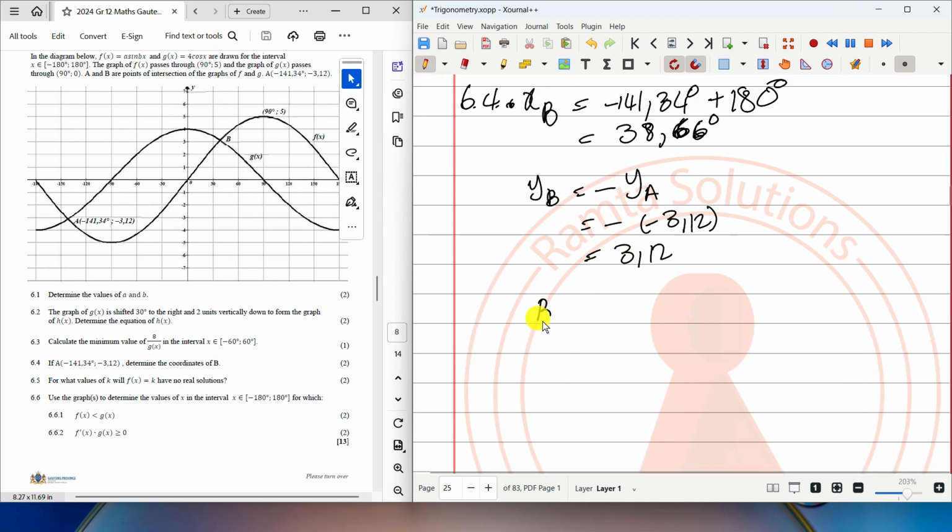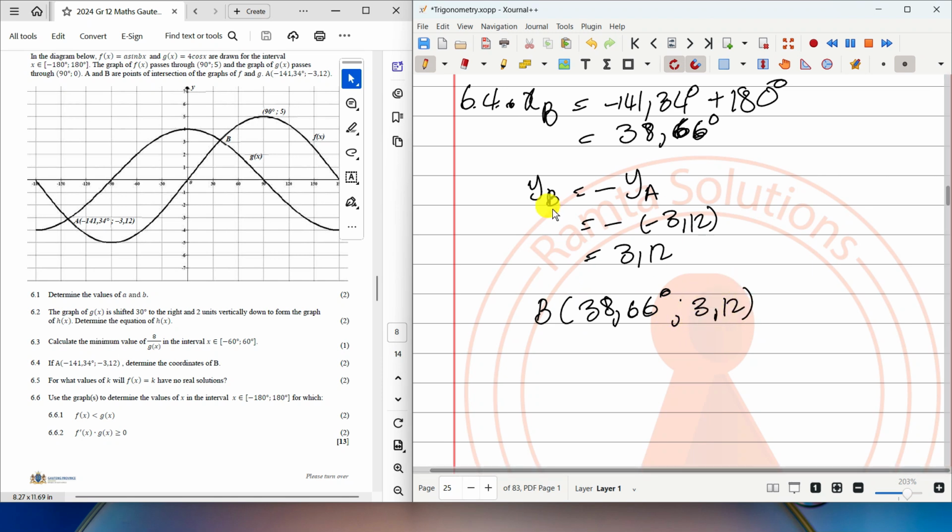Therefore we can say B is (38.66 degrees, 3.12). This value, by the way, you can also get by substituting 38.66 into either f of x or g of x. Okay, perfect.